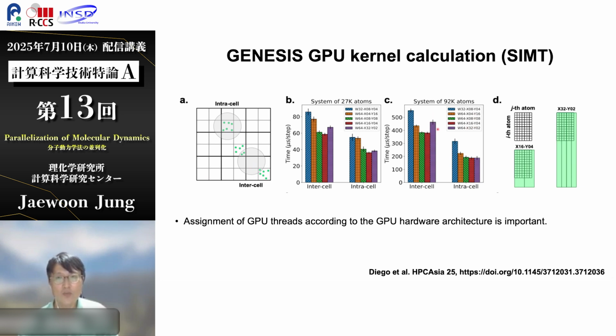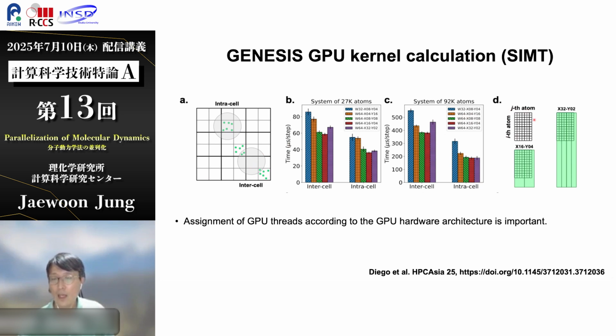So recently, we found that in the AMD GPU case, this one or this one is the best scheme. So if I say it again, for example, if you consider interaction between different cells, like this cell and this cell, we make an index of this cell here, and we make an index of this cell here.